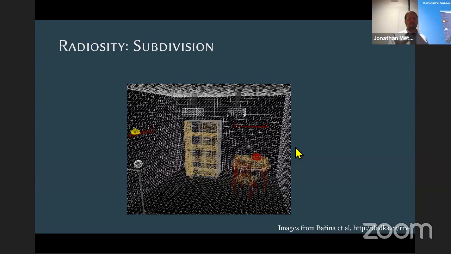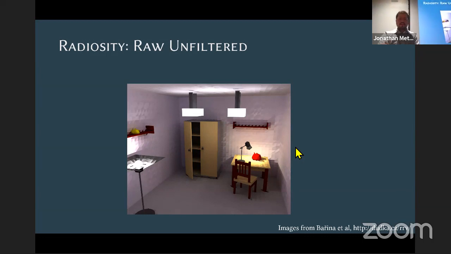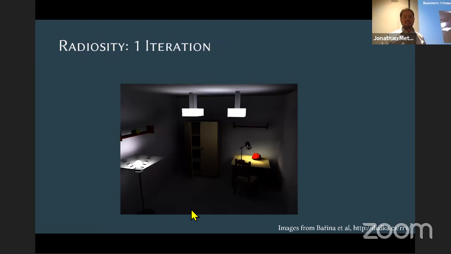Basically, it's heat transfer that we're simulating between patches. And we need to filter, because if you have geometry that's masking other facets, you get darker areas that you need to account for. If we filter this, we're pretty close to a smoothed-out solution. And then we have to iterate, like I said.